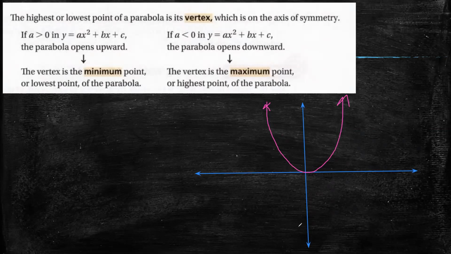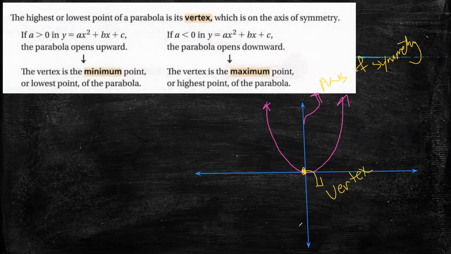Now, for this one here, as you see, this blue line, we say that it is the axis of symmetry. Now, this shape is the parabola. Now, this point, the lowest point on the parabola, we call it a vertex. The lowest point on the parabola is a vertex.